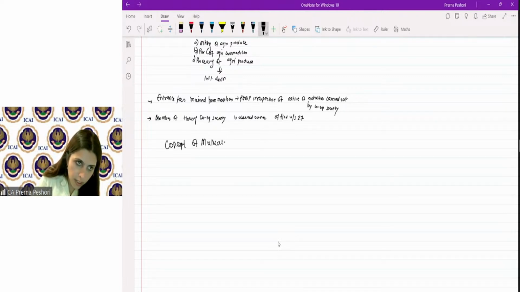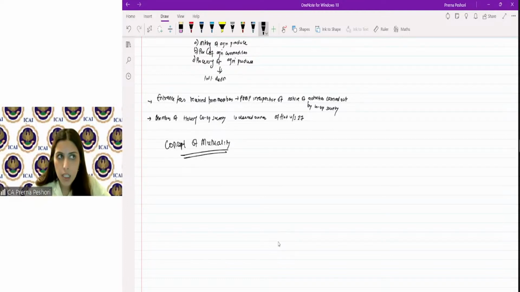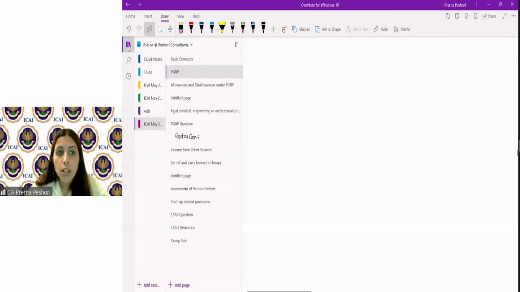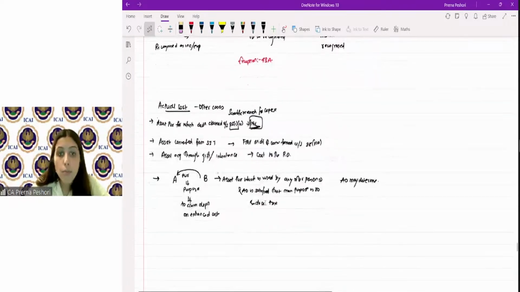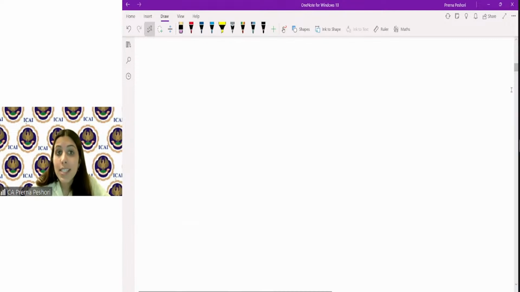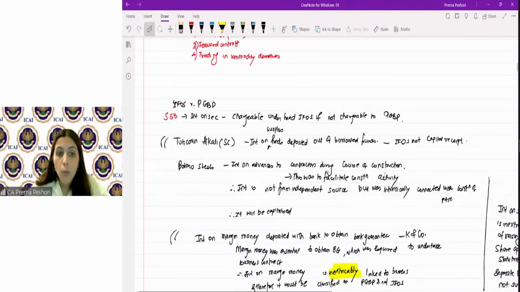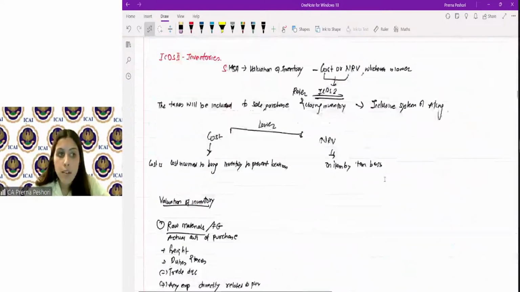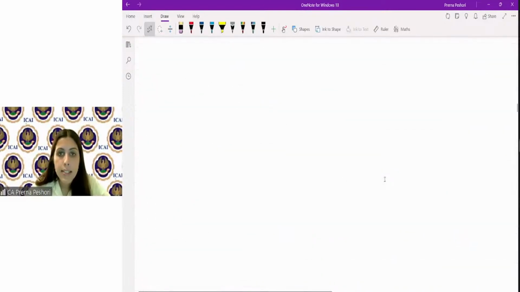We have already done that as part of PGBP. If you remember the PGBP, I had spoken about this concept of mutuality when we were talking about section 28. Does anybody recollect what is the concept of mutuality?